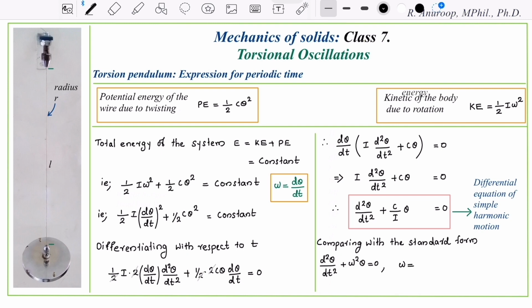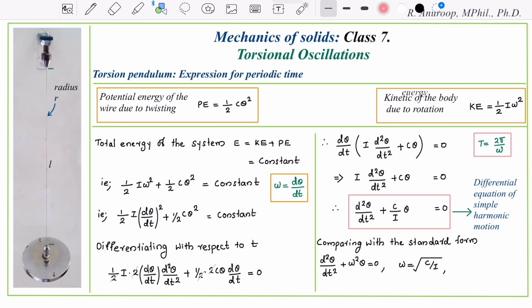We have omega is equal to root of c by I. That is, the angular frequency of oscillation omega is equal to square root of c by I. Now, what is the time period?